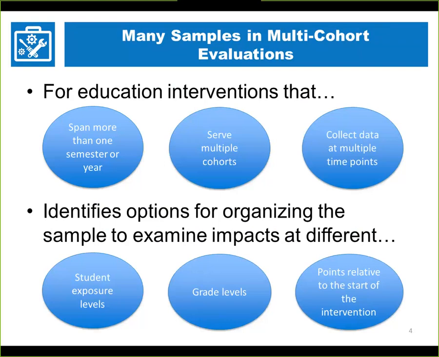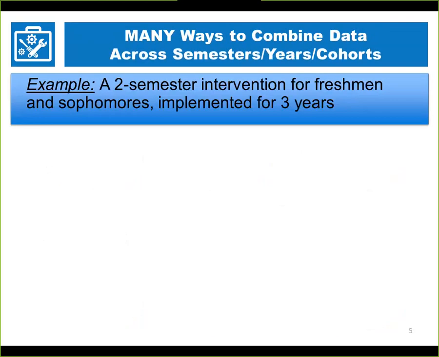On the next slide, we provide an example of how many samples can be generated from an apparently simple evaluation design. For example, consider a 2-semester intervention for freshmen and sophomores, which is implemented with 3 cohorts of students over 3 years.